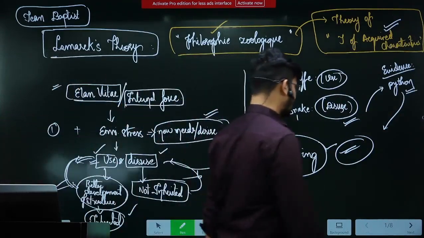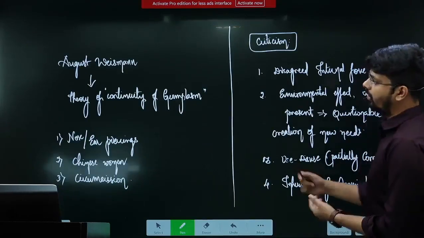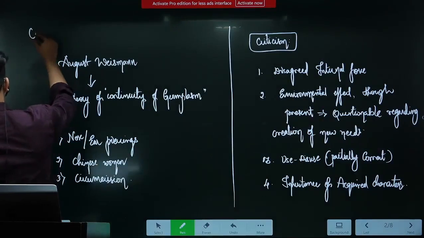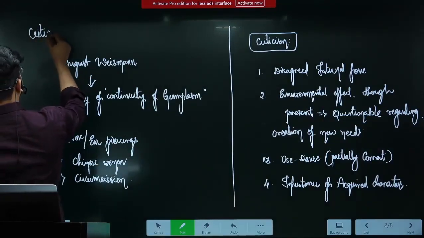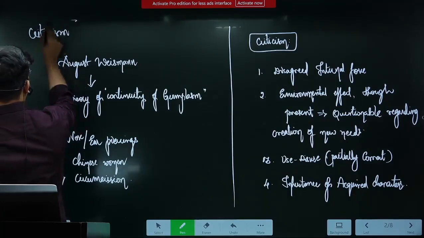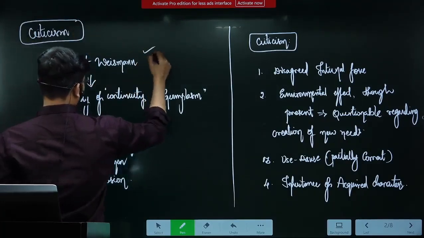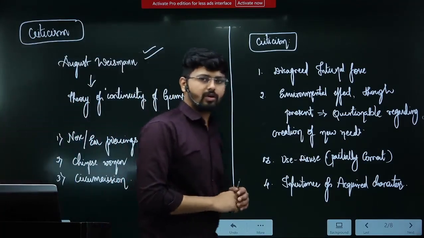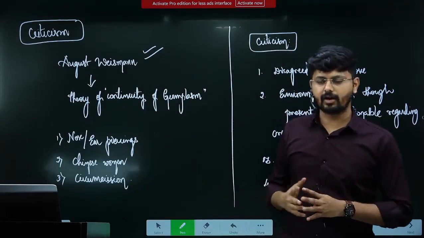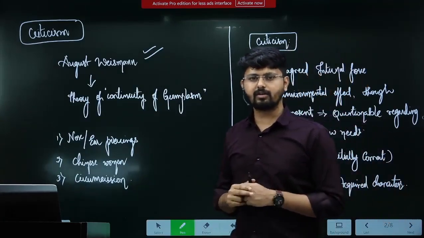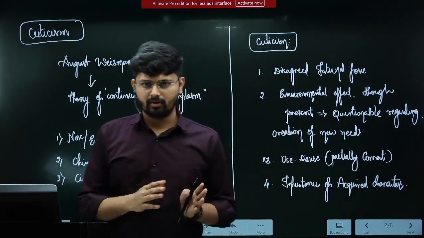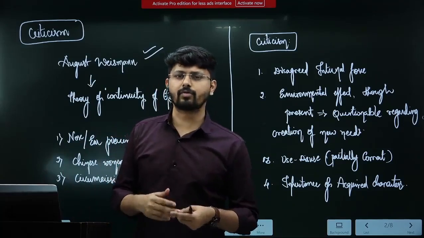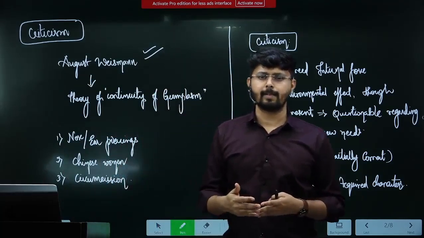Now we'll see the criticism of Lamarck. August Weismann conducted an experiment. He took rats, cut their tails, and did this observation for almost 22 generations.